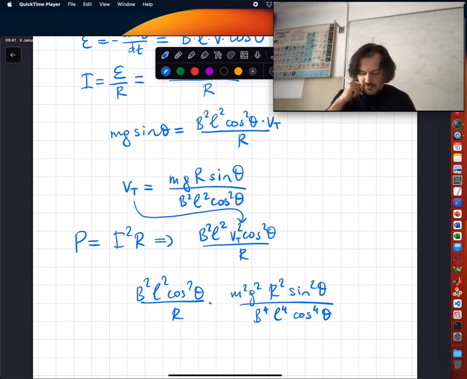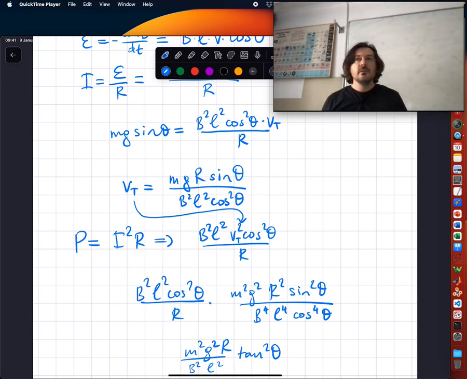It seems to be correct because I'm also checking from here. So we get m squared g squared over B squared L squared R tangent squared theta. Okay? Correct. So far so good? Did you follow this?